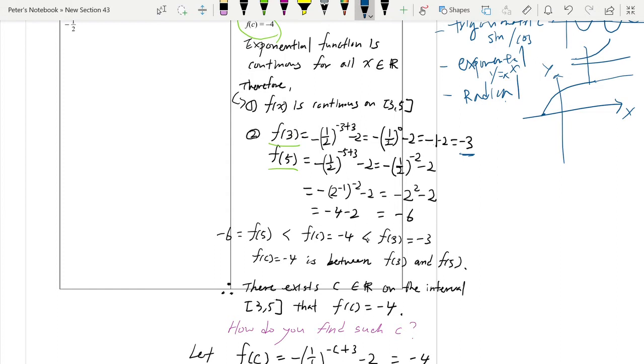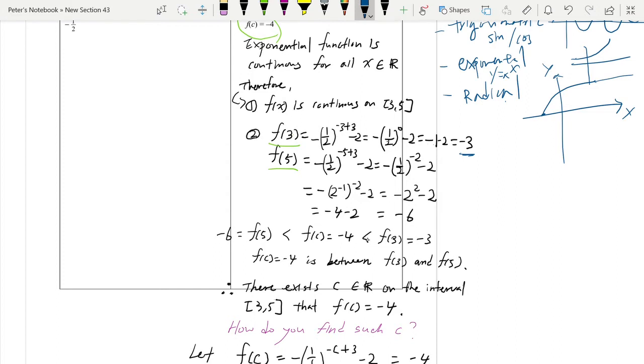So here you have negative times half to the negative second power, minus 2. And then I rewrote 1 over 2 as 2 to the negative first power, because they're equivalent expressions. They're the same number. 2 to the negative first power is the same as 1 over 2. And why did I do that?